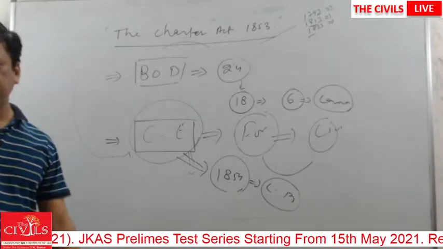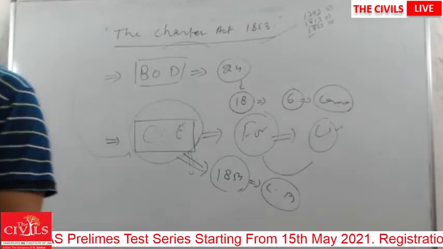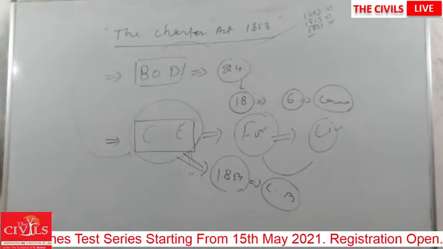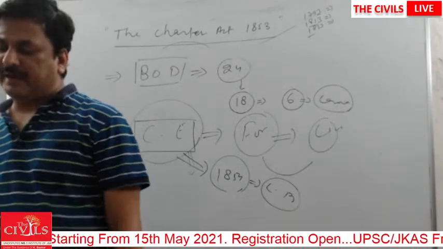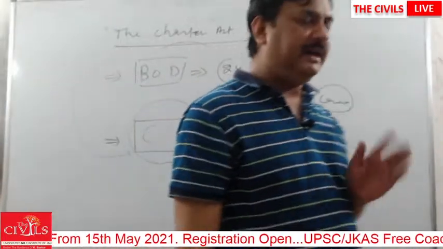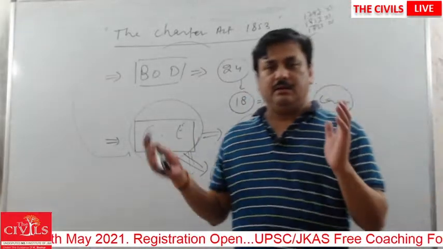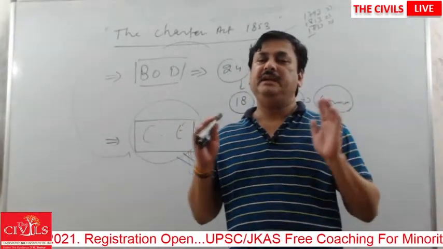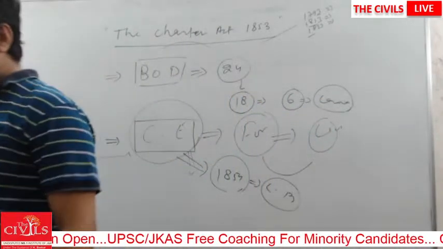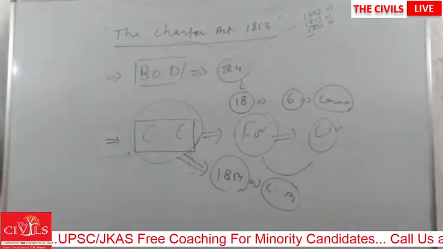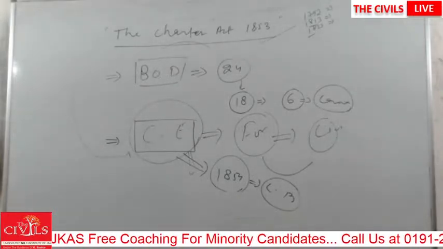Now, we have completed all the Charter Acts, the acts which were passed by the British Parliament during the East India Company rule. Now the next was the Government of India Act 1858.